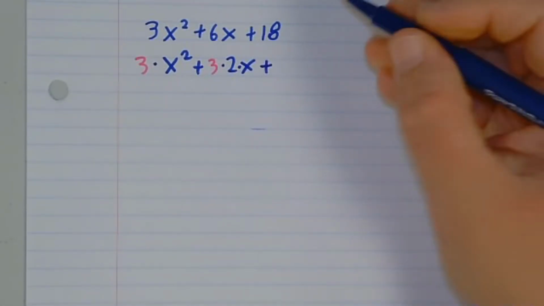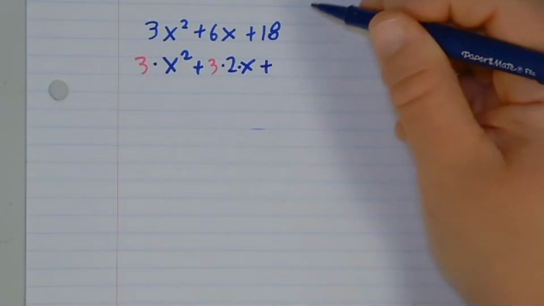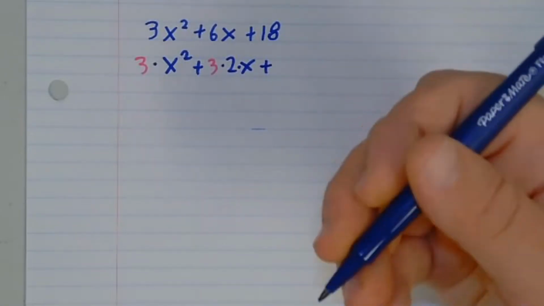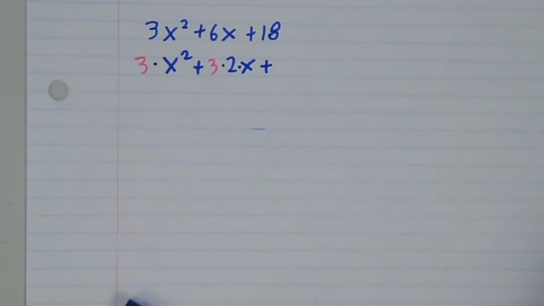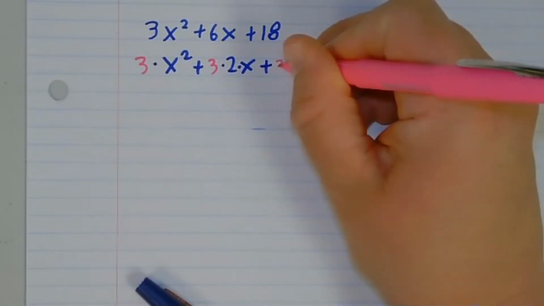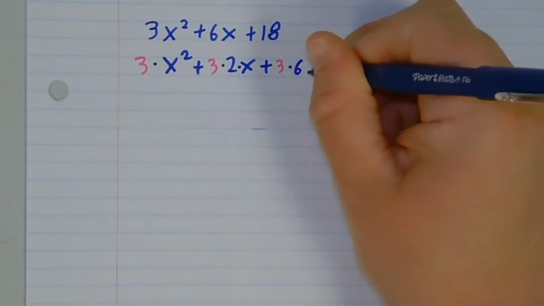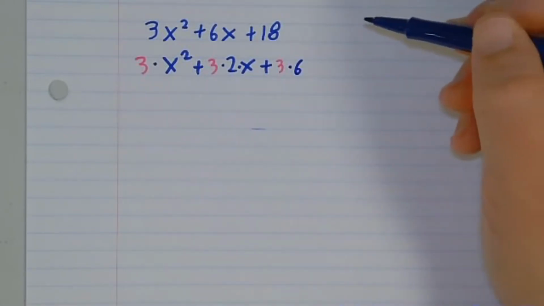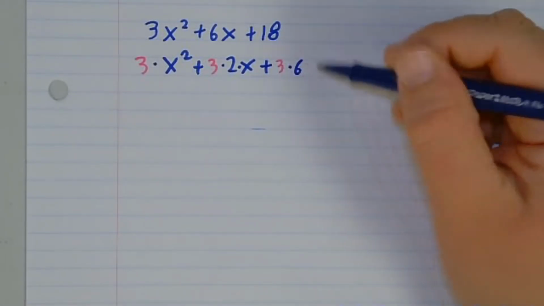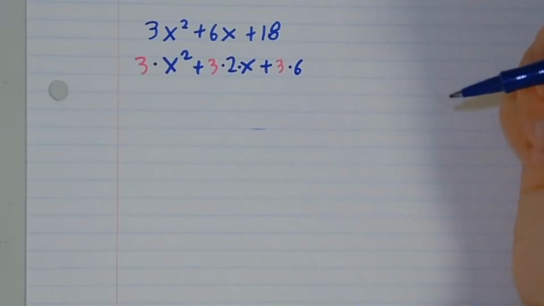And I might have had to check this on a calculator. I might have had to divide 18 by 3 to see if it was a factor of 3. In this case, I know that it is. That 3 times 6 is 18. And so this time I didn't have to put times 1 because I'm still going to have the 6 there when I'm done factoring.